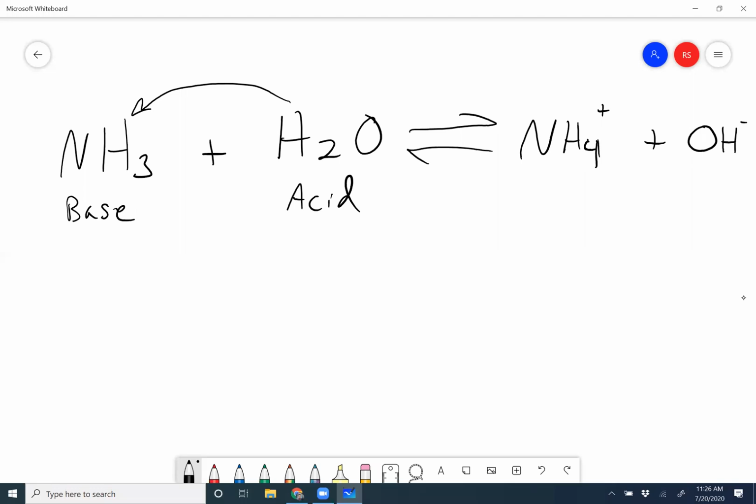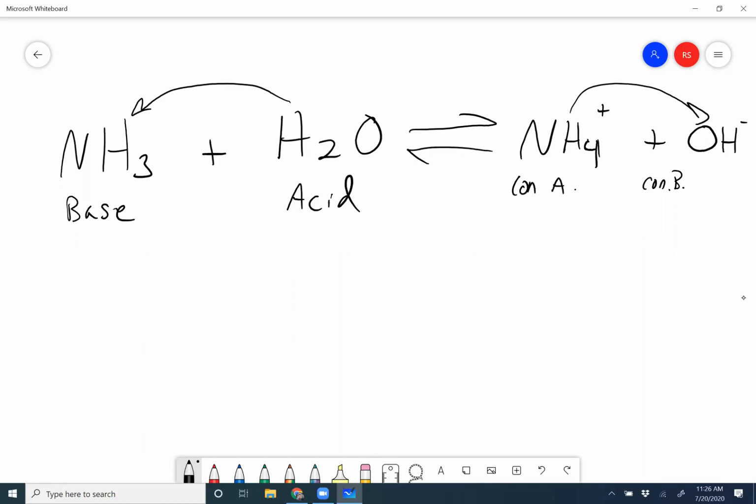Now, the strength of the base is just like the strength of the acid. We're going to look at the conjugate acid and we're going to look at the conjugate base. Again, thinking about acid and base in terms of proton donor, proton acceptor, to go in the backwards direction, this hydrogen is going to go back to the hydroxide to form water.